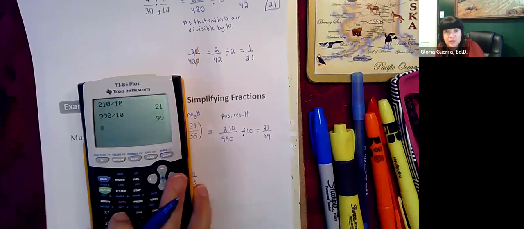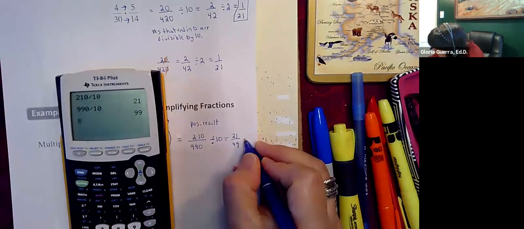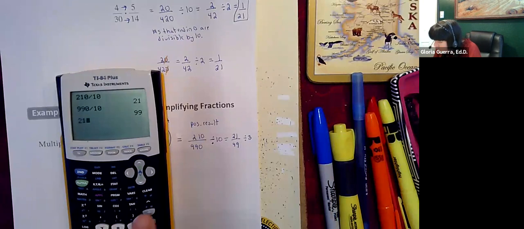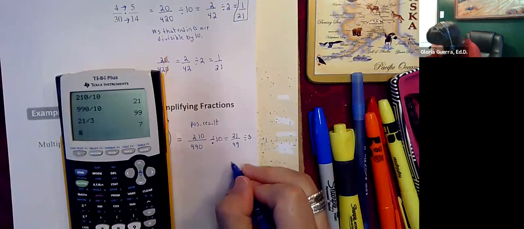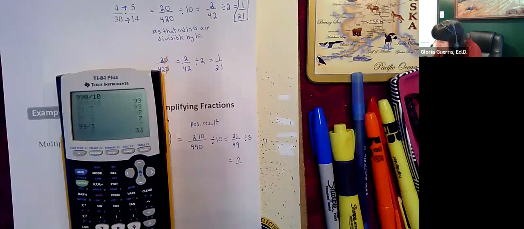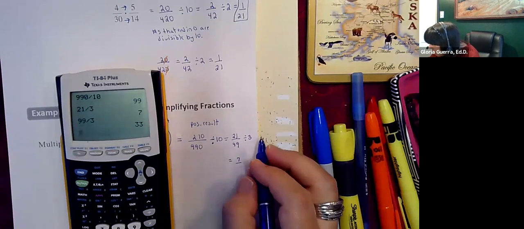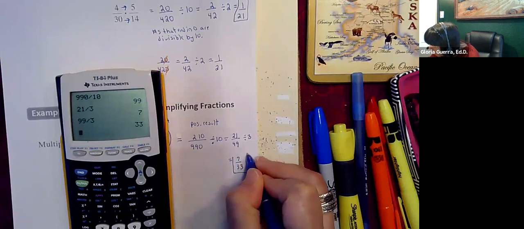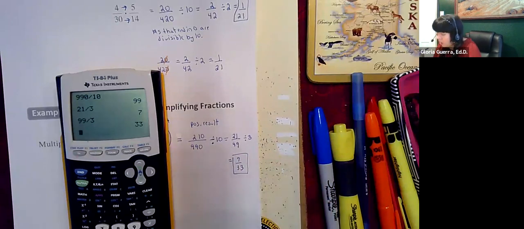And I think 3 will go into this. If I reduce this by 3, 21 divided by 3 is 7. 99 divided by 3 is 33.